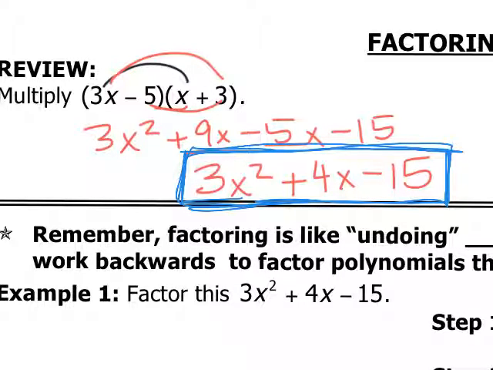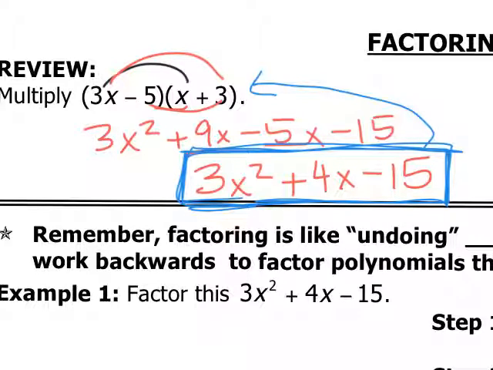If you look at the relationship between this and our final answer, if we're working backward, that top line would be our final answer. Up to this point, when we factored, all of our parentheses were always x plus or minus a number and x plus or minus a number. There's never been a number in front of x. Today we're going to learn where that number in front of x goes: which set of parentheses does it go in, does it break up and go into both, what happens with that?